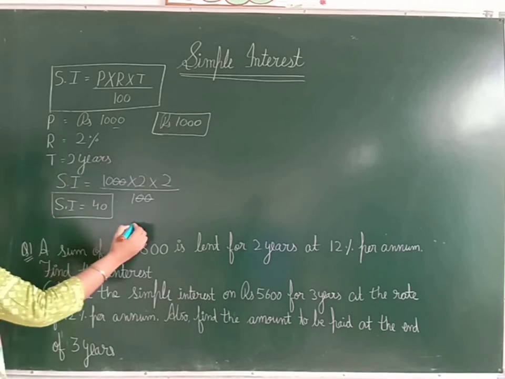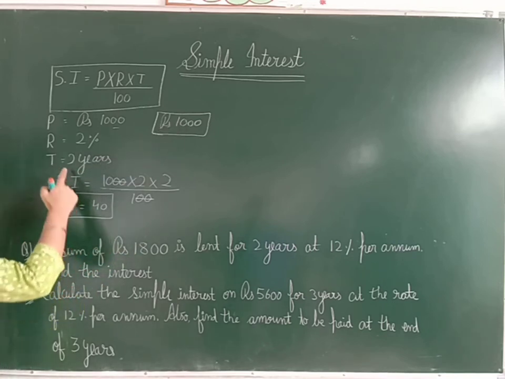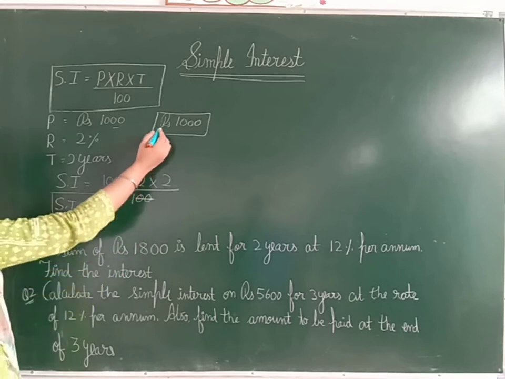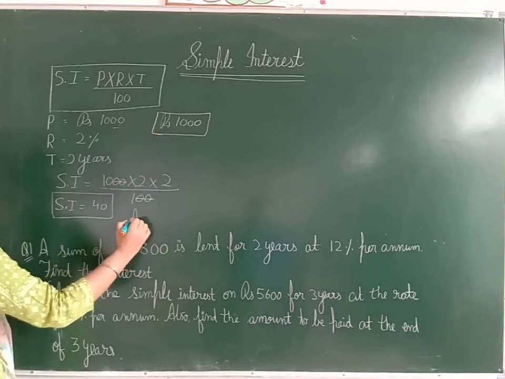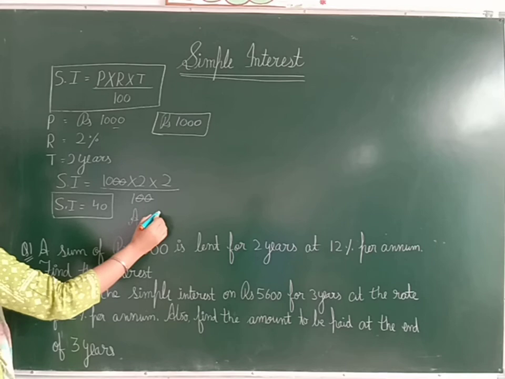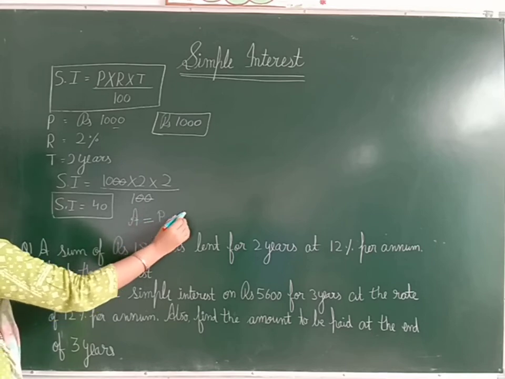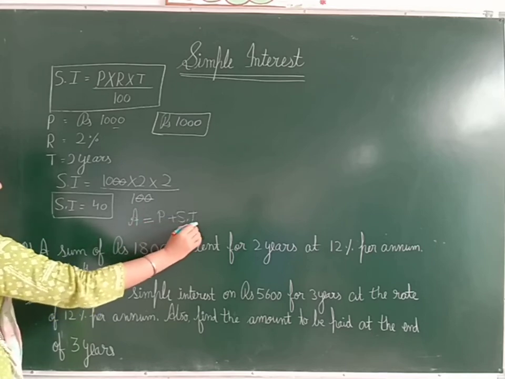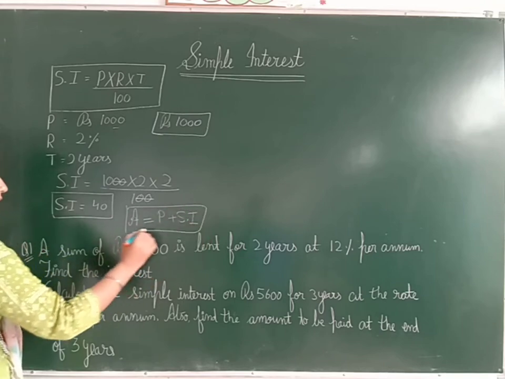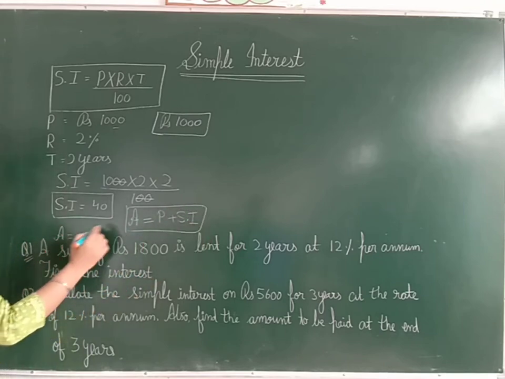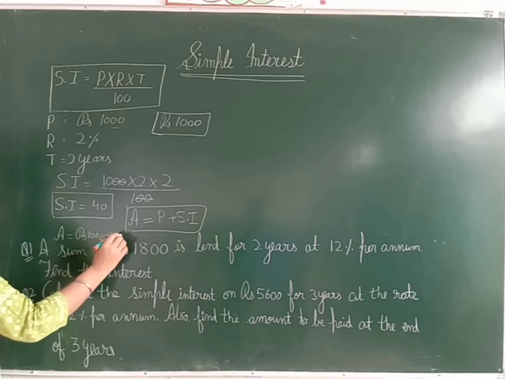At the end of 2 years we have to pay an amount, and amount is equal to principal plus simple interest. It means we have to pay rupees 1,000 plus 40, right?